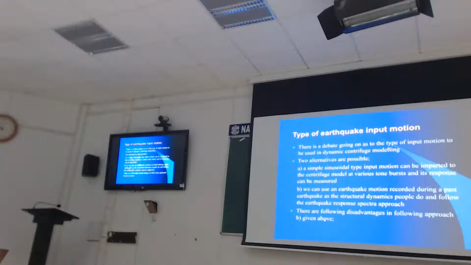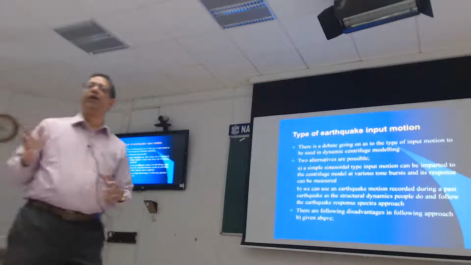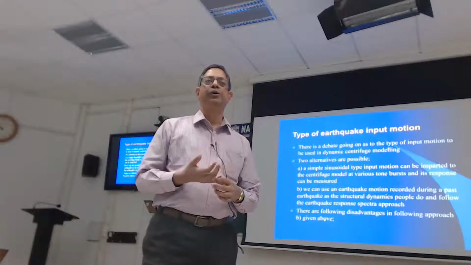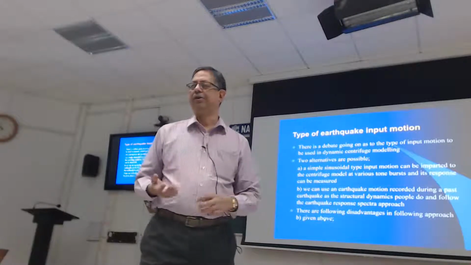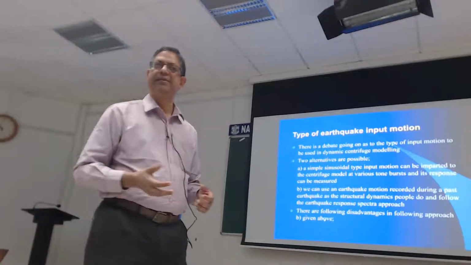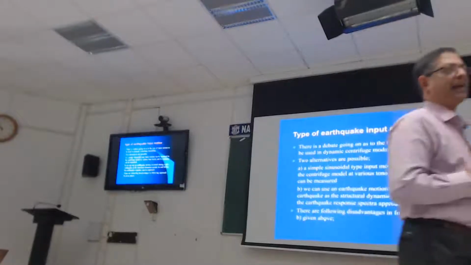So, if you want to see what your structure is going to do for a particular earthquake, let's say, mostly we have motions which are recorded in past earthquakes, Kobe motion or El Centro, Imperial Valley. There are some standard earthquakes, and each of those earthquakes has some special characteristics.